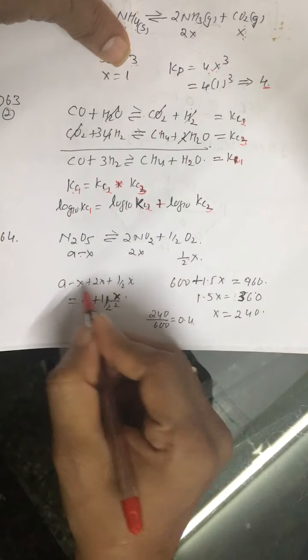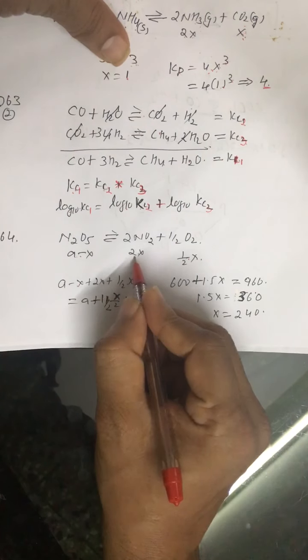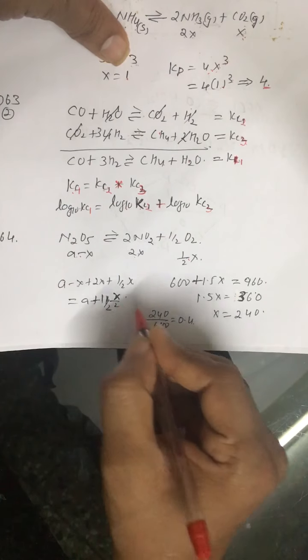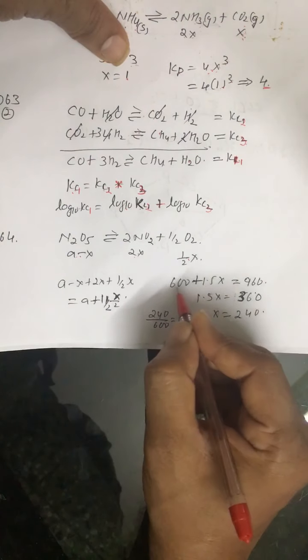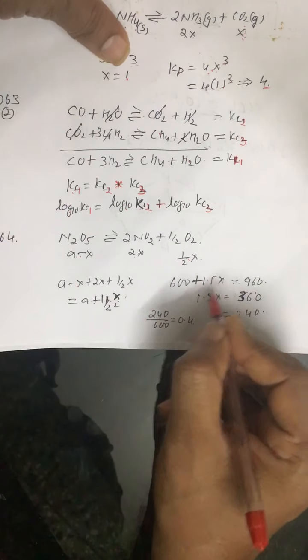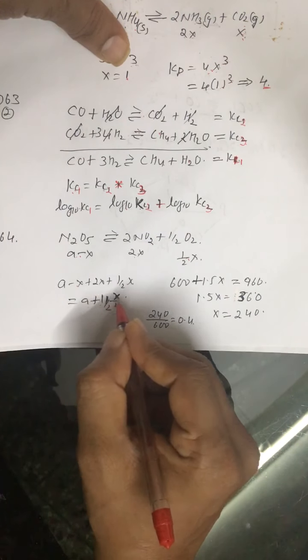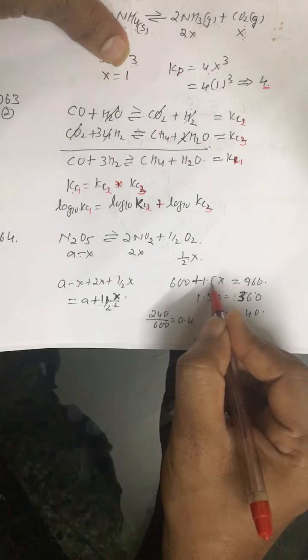All right, so total number of moles: a minus x plus 2x plus half of x. So we are left with a plus 1.5x, that is, a plus 1 and a half x.